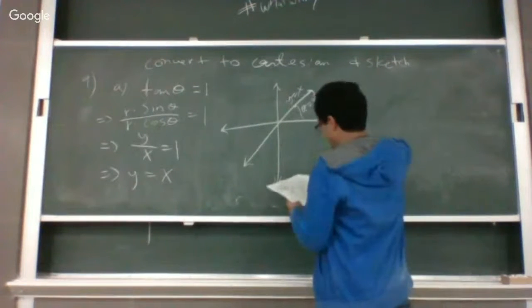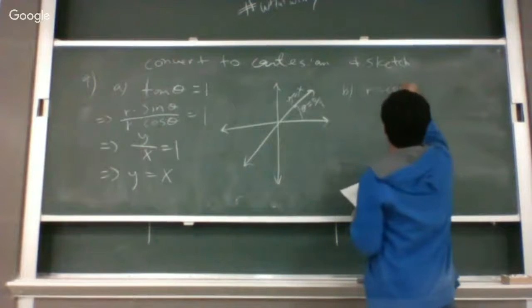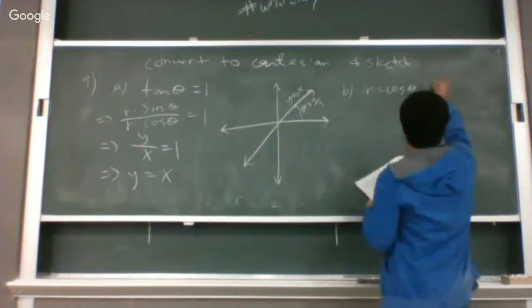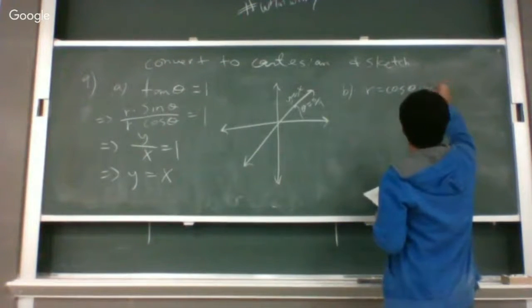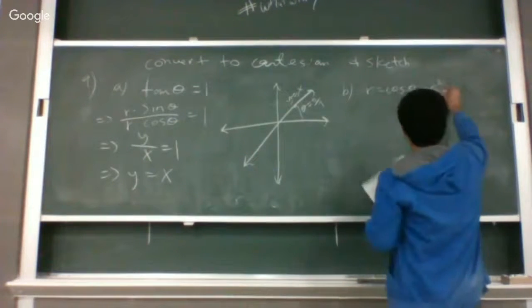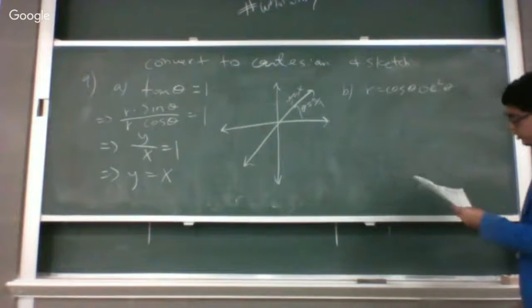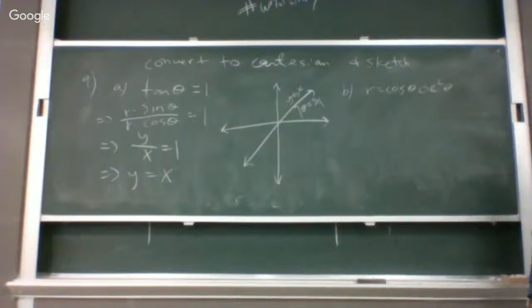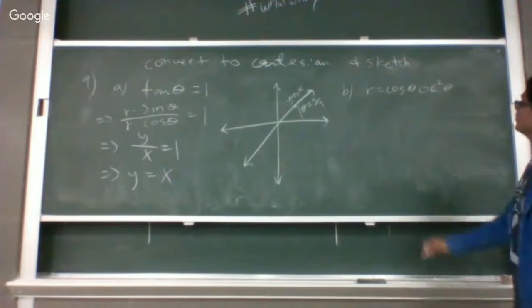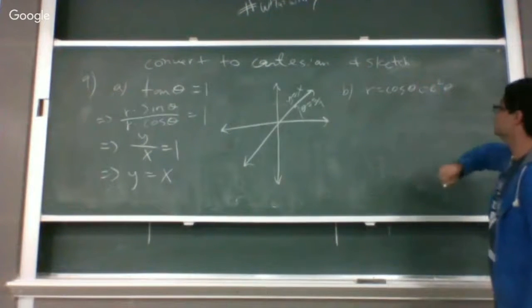Part B. r is equal to cosine of theta, cosecant squared theta. Now, this is where you sort of have to be creative. Can you guys read it clearly?